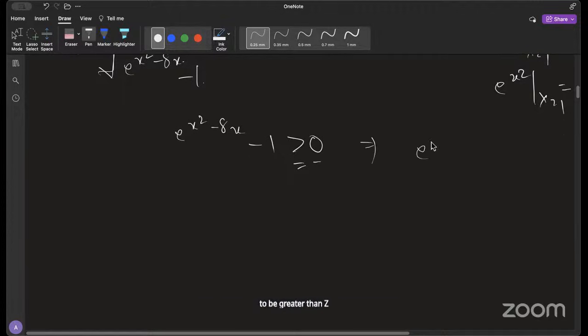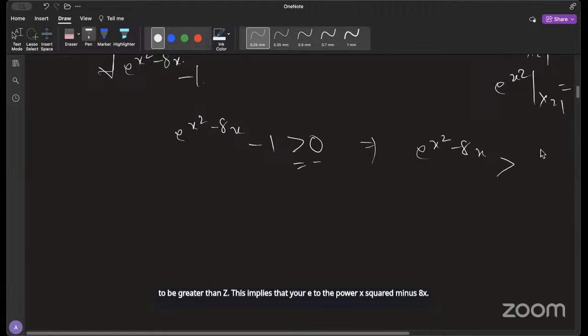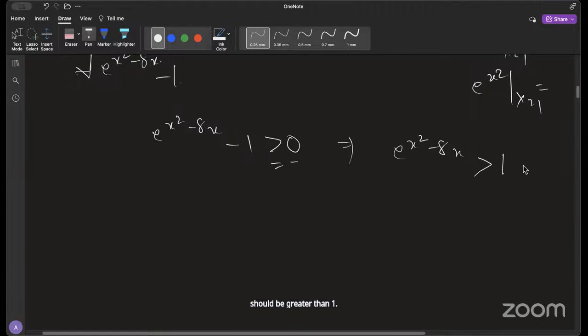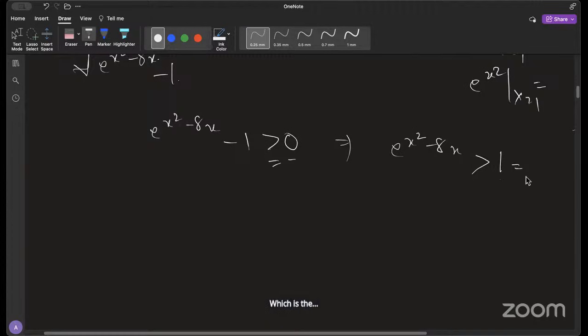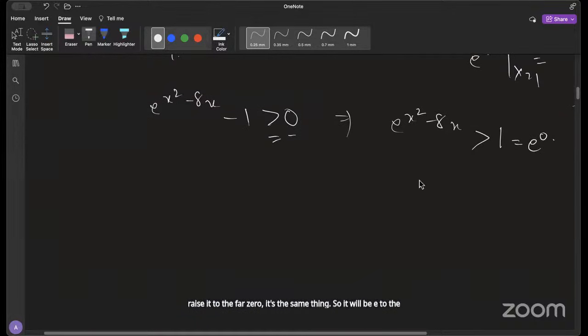This implies that e to the power x square minus 8x should be greater than 1, which is now either you can take natural log on both sides or you can just raise it to the power 0. It's the same thing. So it will be e to the power 0. And then we know that e to the power x is 1-1.